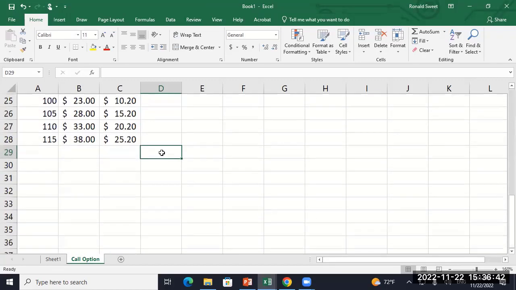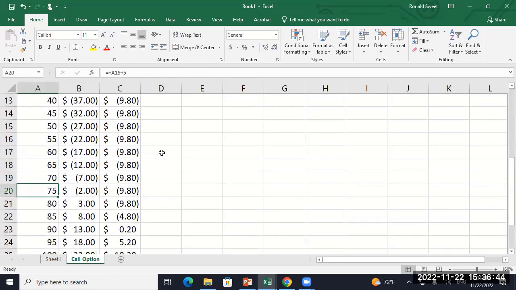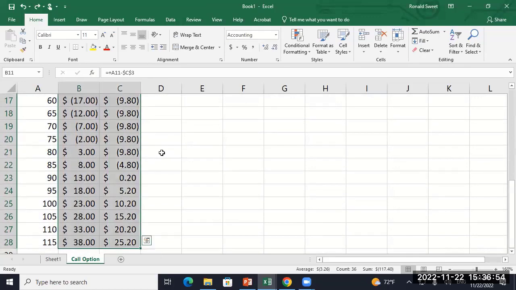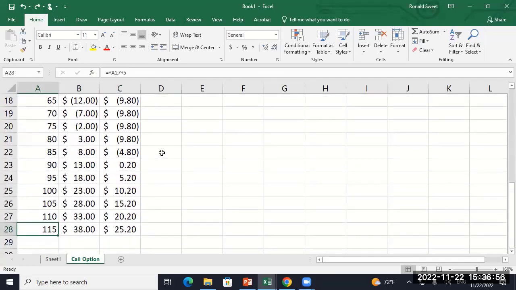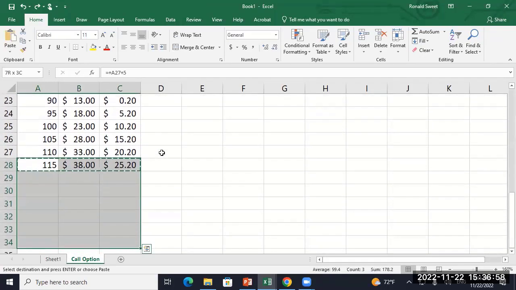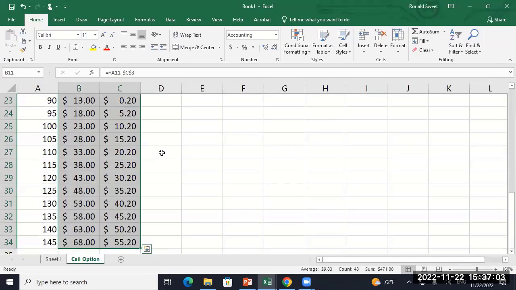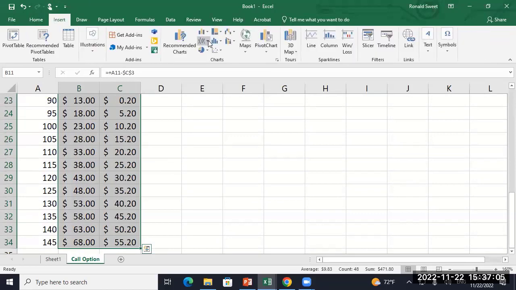So if we do 89.80, I'm exactly broke even. Okay. So let's graph these. I'm going to have to go further out into the future here. So let's insert a graph.